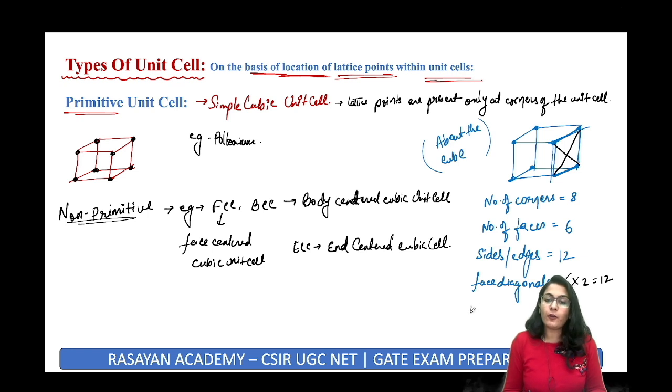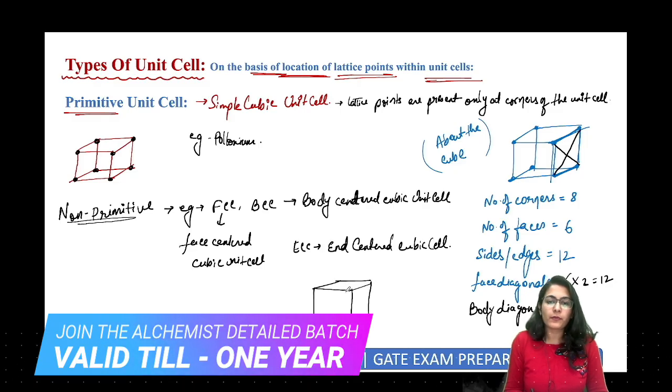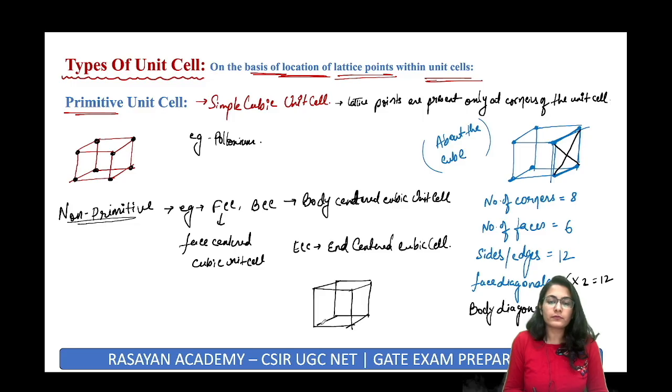Alright. How many body diagonals? What are body diagonals? Which stretch throughout the body. So let's say if I'm drawing another cube over here. Now everyone has a different way of drawing a cube, right? So what is a body diagonal?